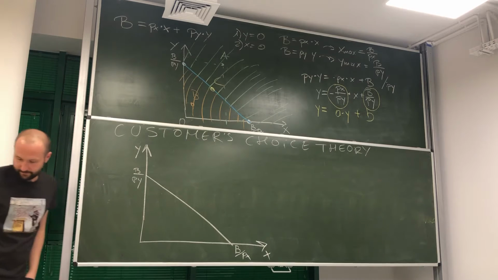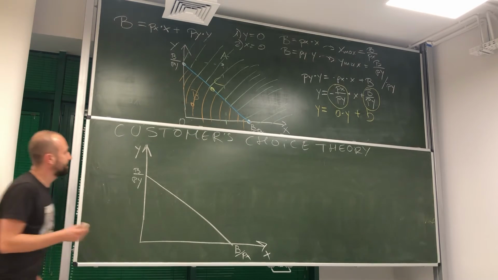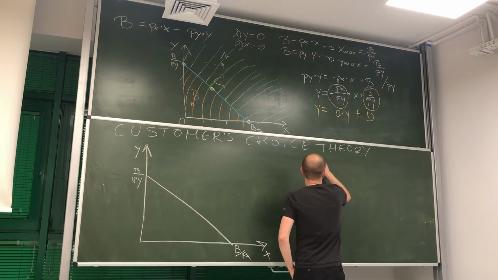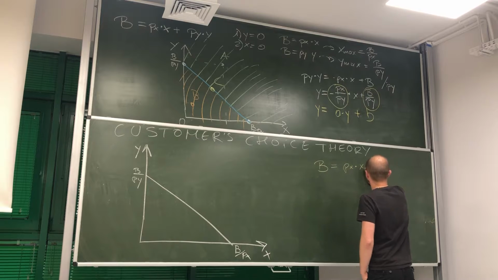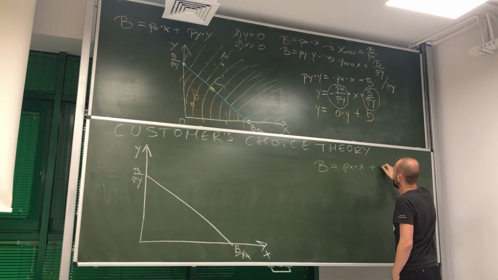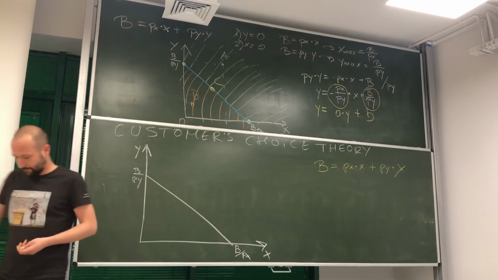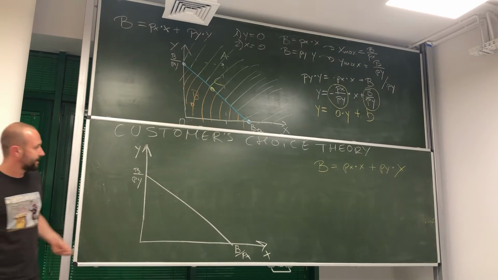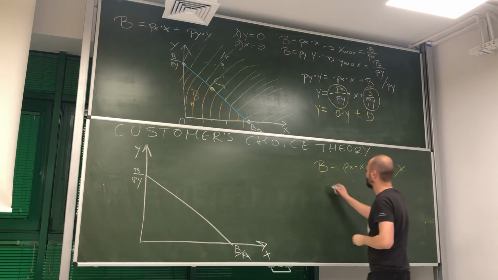And we know that budget constraint is given by the following formula, right? B equals px times x plus py times y, right? However, we also noticed that this can be easily translated into this equation, right?